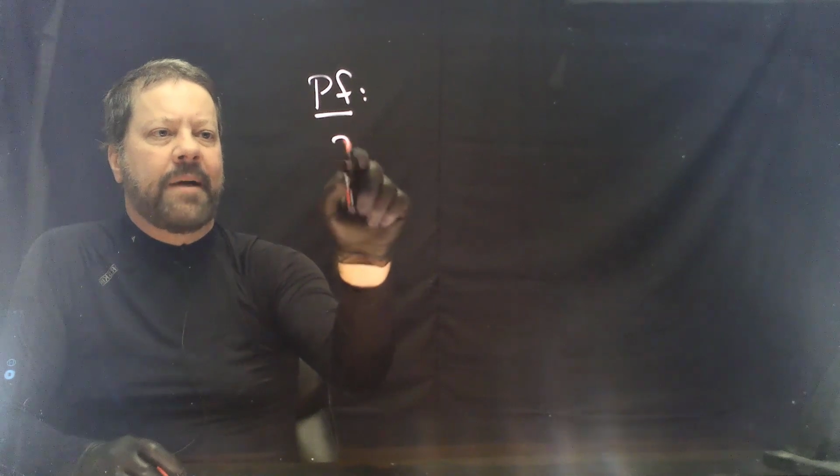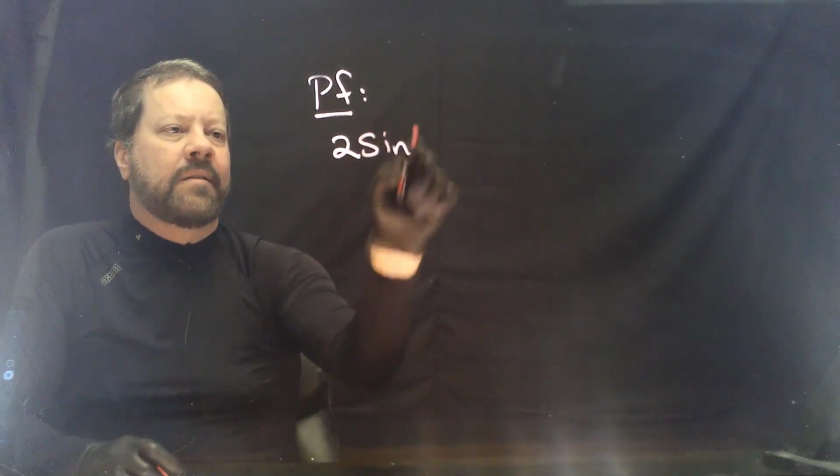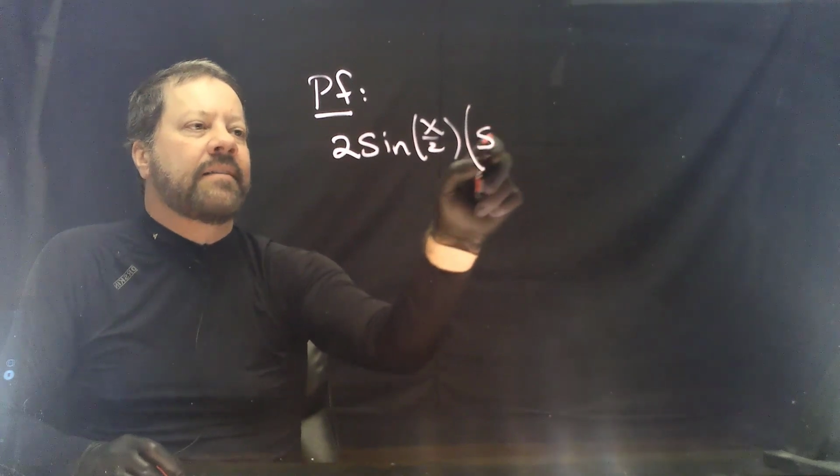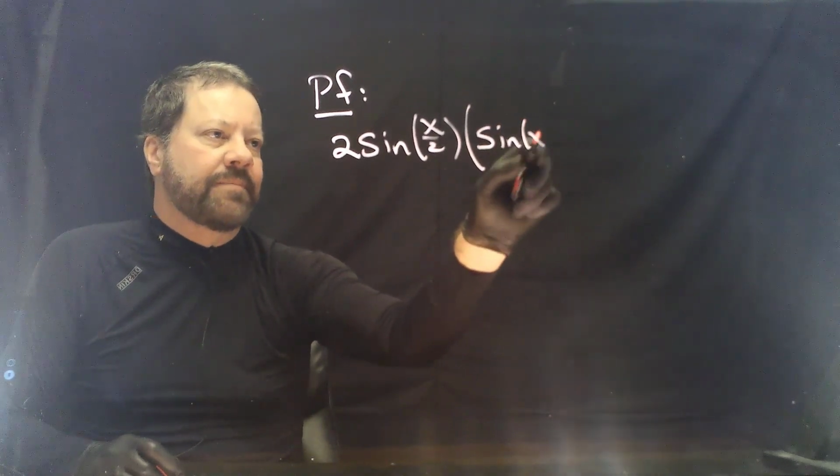We'll multiply by twice sine of x over 2 on the left-hand side of the first formula.